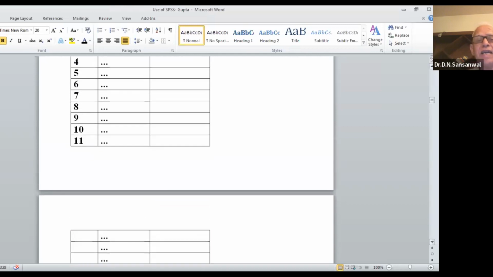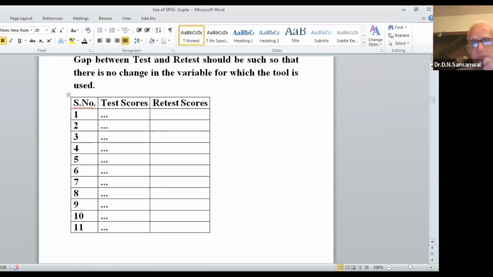Now, whatever the gap you have decided, after that particular gap, administer the same tool on the same people. You cannot take another group. And when you are re-administering, it is quite possible that some of the people who were present in the first testing might not be present in the retest.